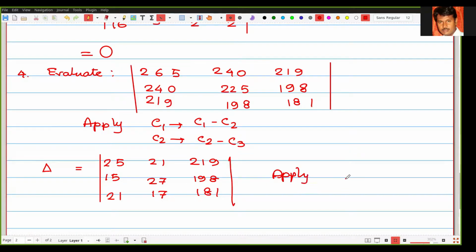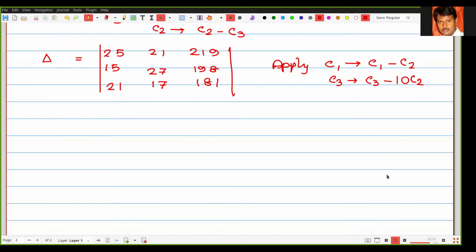Again, we apply column 1 as column 1 minus column 2, and column 3 as column 3 minus 10 of column 2. Let's check what happens. Column 1 minus column 2 becomes 25 minus 21, so that is 4; 15 minus 27, that is minus 12; and 21 minus 17, that is also 4.